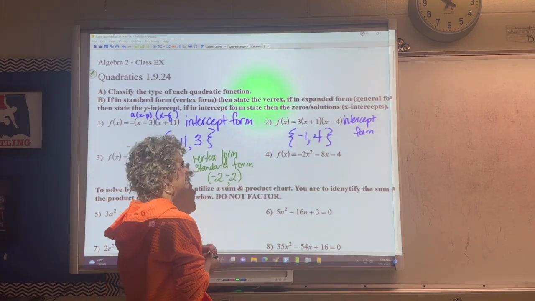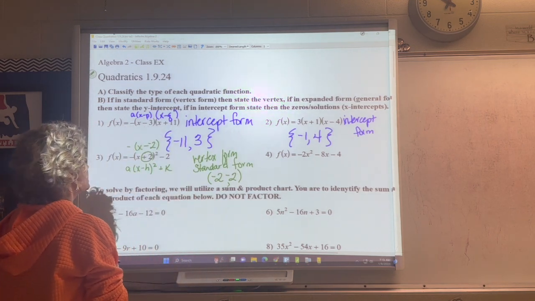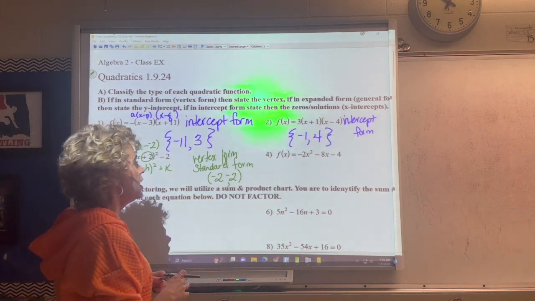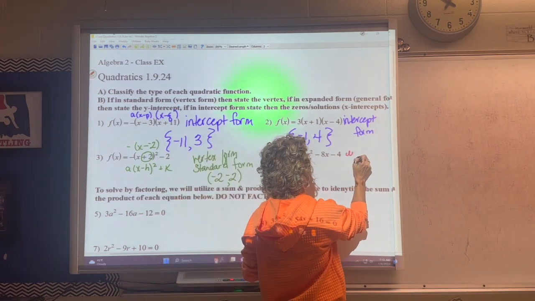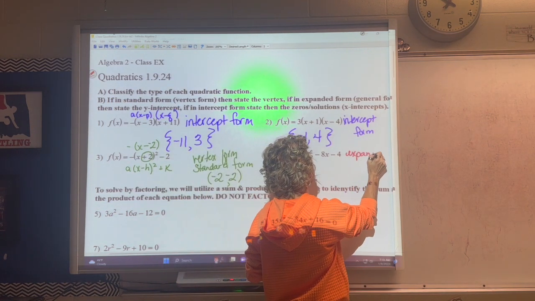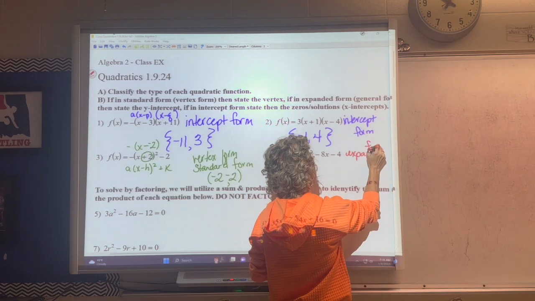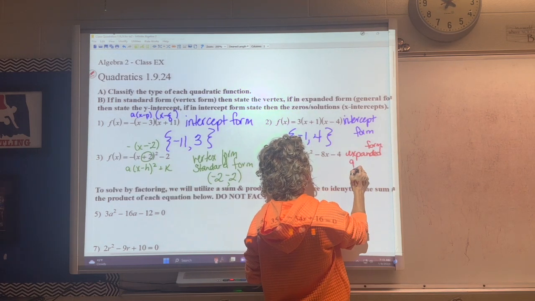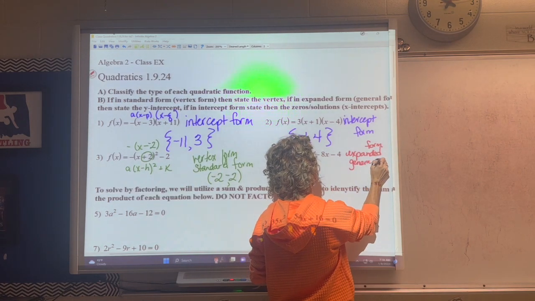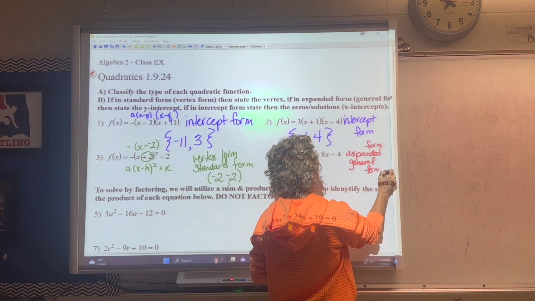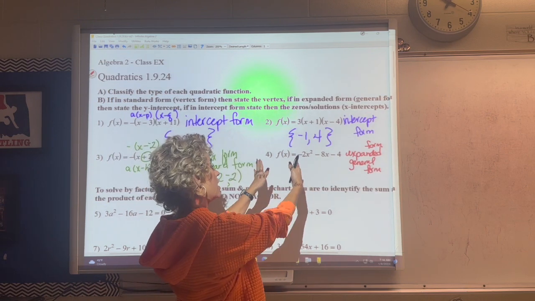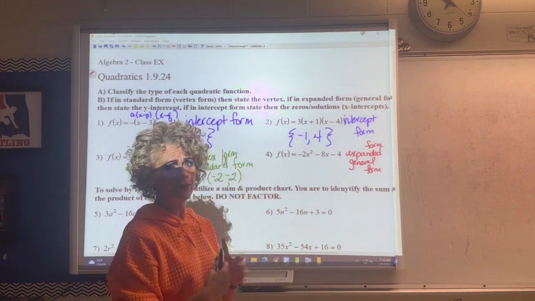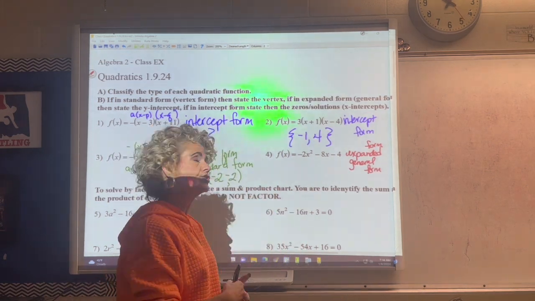Last but not least, we have this in expanded form, which is also called general form. So this is expanded form. Expanded form is also known as general form. And the icing on the cake on that is we can tell just from the expanded form, the general form, our y-intercept.